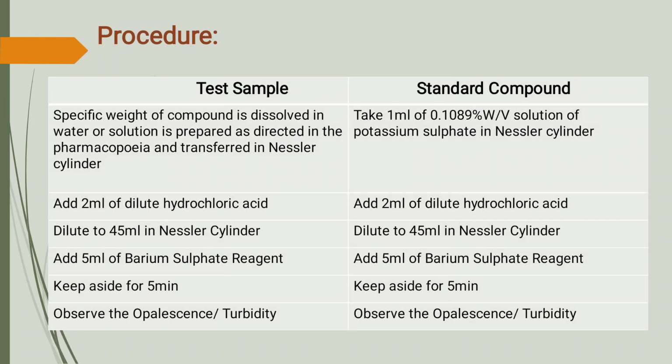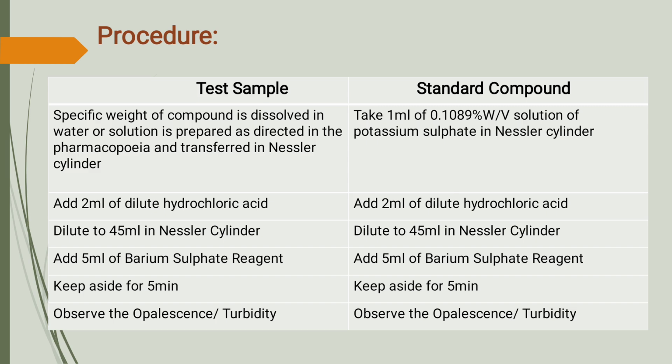Next point is the procedure to perform this limit test for sulfate. The limit test of sulfate is performed in the glassware Nessler cylinder, for which one test sample and standard compound are prepared. For the test sample, first a specific weight of compound is dissolved in water or a solution is prepared as directed in the pharmacopoeia and transferred to a Nessler cylinder.